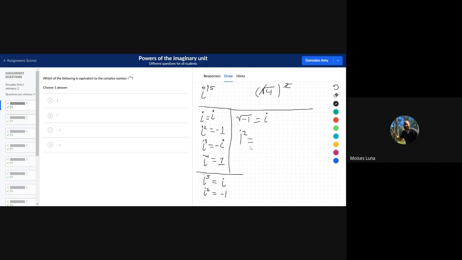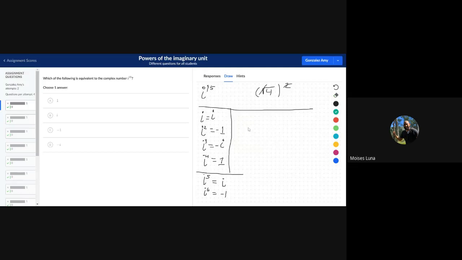So when you square this number, you get that i squared equals -1, and that's what we have here. All of these imaginary numbers come from the concept that the square root of -1 equals i.